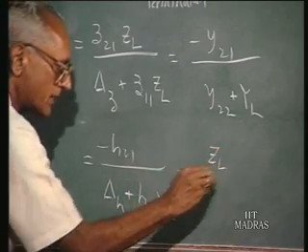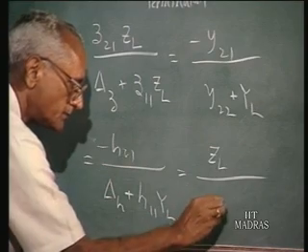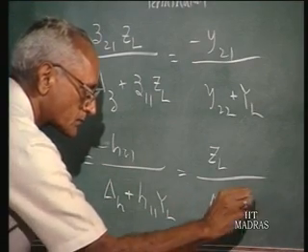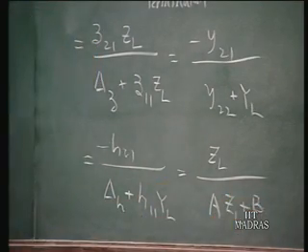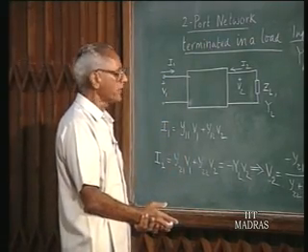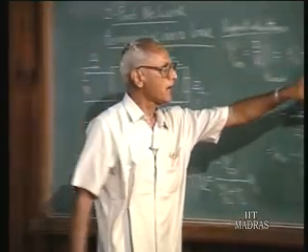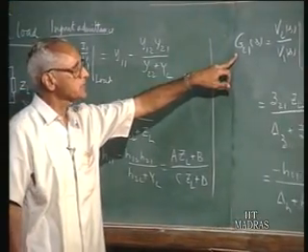In terms of the ABCD parameters, it is ZL over A ZL plus B. So, in terms of the various network functions, you can calculate the network functions that are of interest to us in a terminated condition. Note that we have used the capital G here to distinguish it from small g.